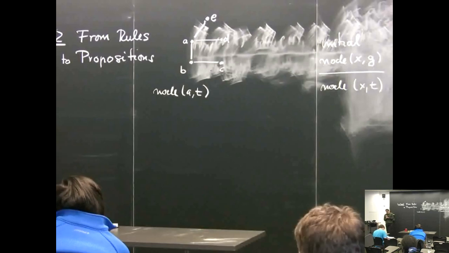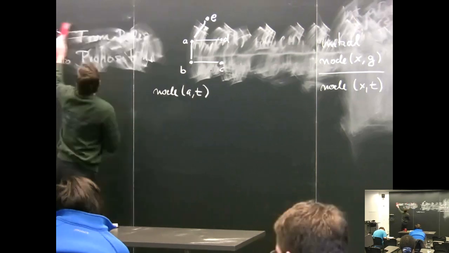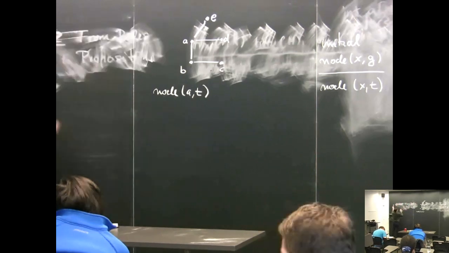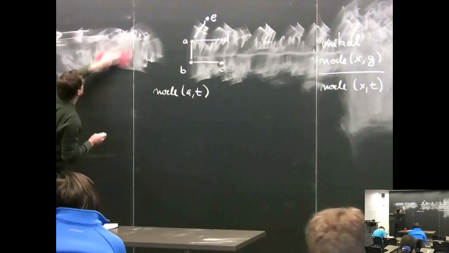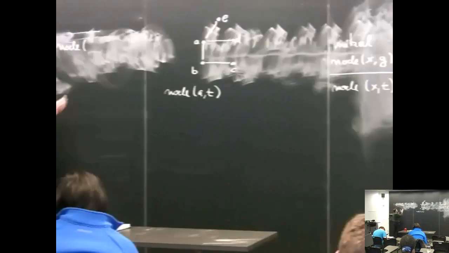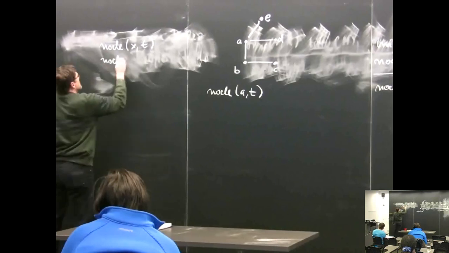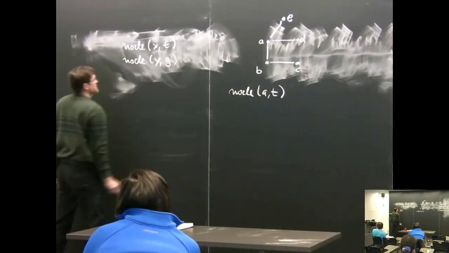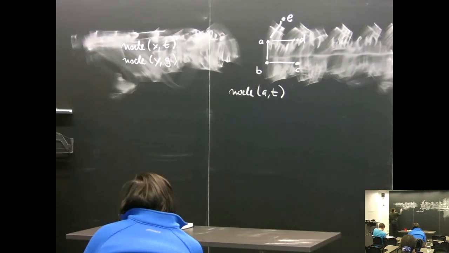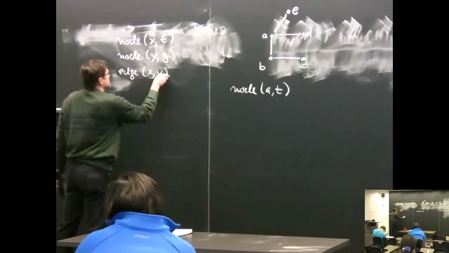Yeah? You want a node in T and a node in T, an edge between them in T. Okay, so you want a node X in the tree, and a node Y that's in the graph, and an edge from X to Y in the graph.